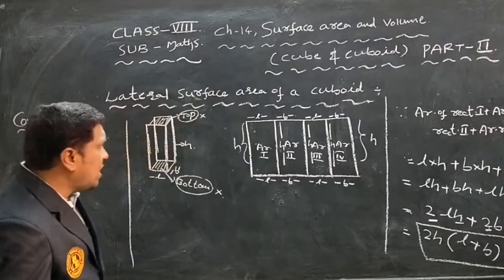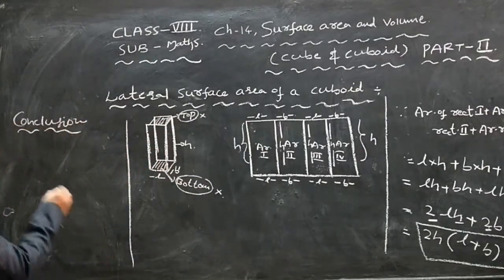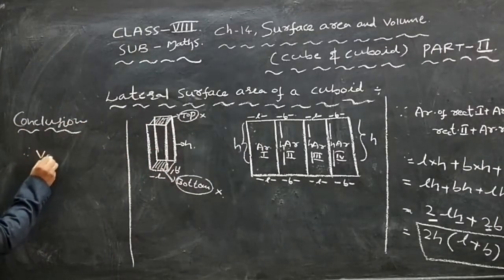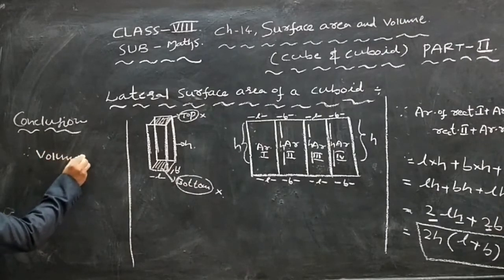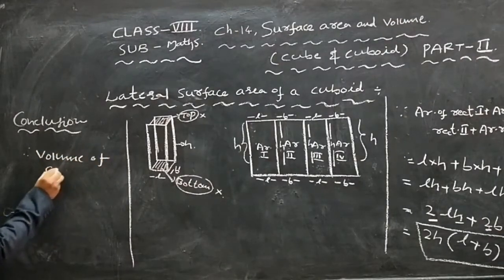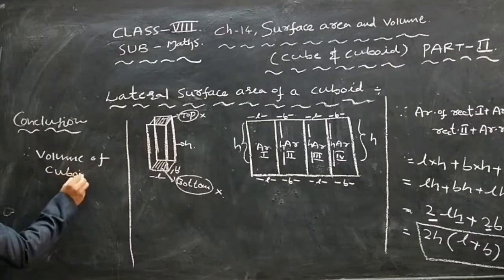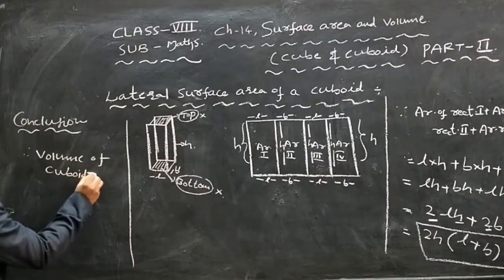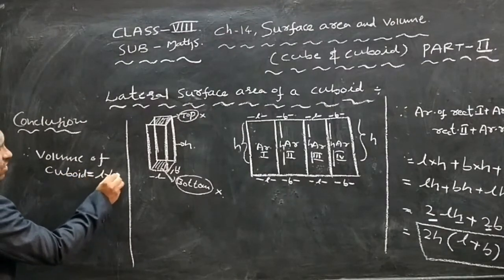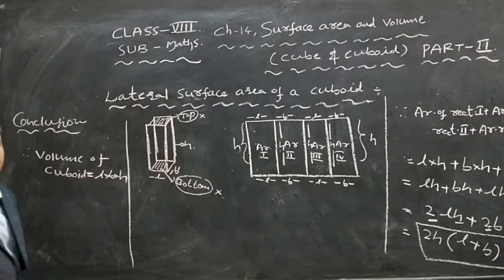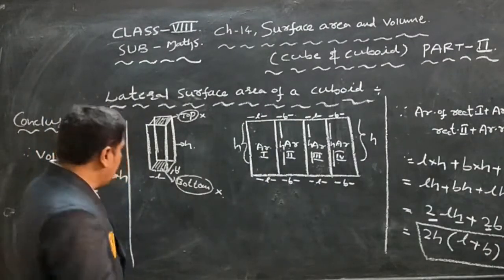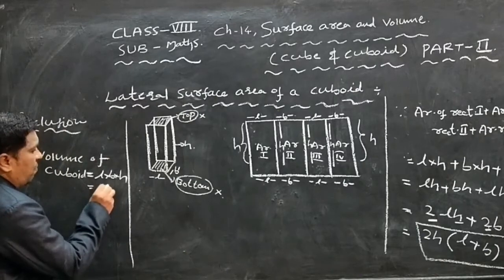Therefore, the volume of a cuboid is equal to L into B into H. We have to multiply the 3 dimensions. So V is equal to LBH.